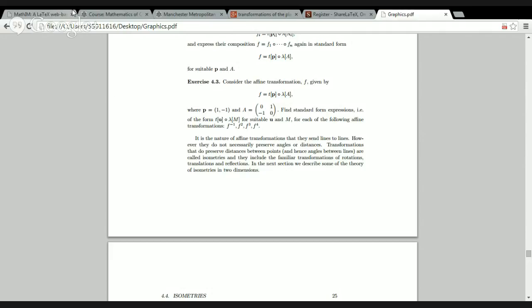That gives us what's known as this algebraic characterization of isometries. Every isometry is an affine transformation, so it has a standard form, and its standard form will be of a special type, where the matrix A will be an orthogonal matrix. So it tells you a lot about the matrix of an isometry.